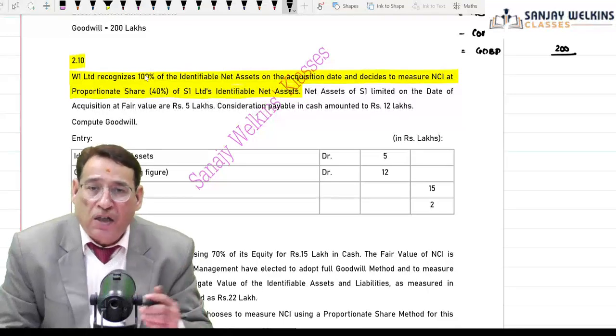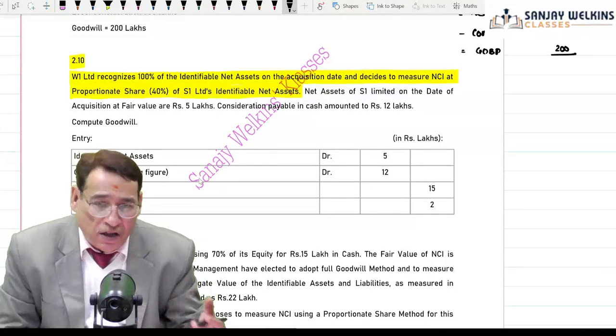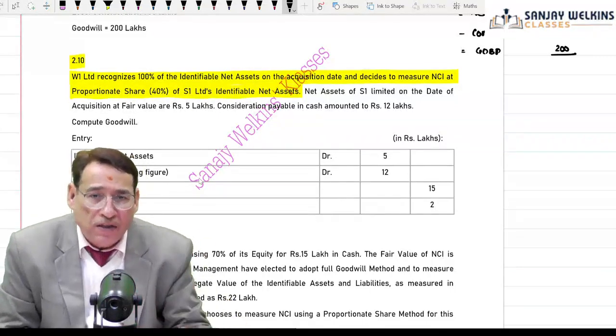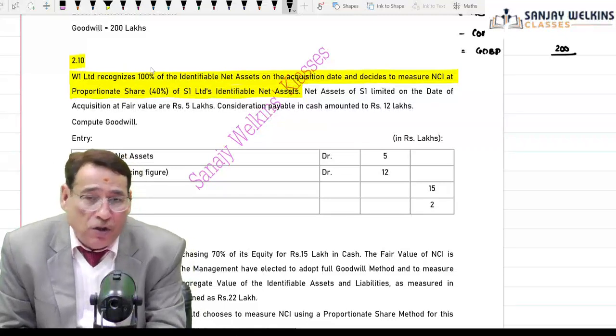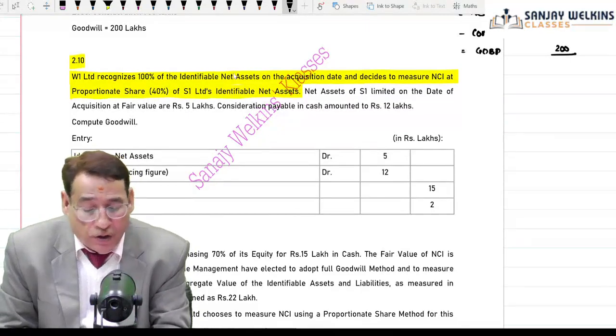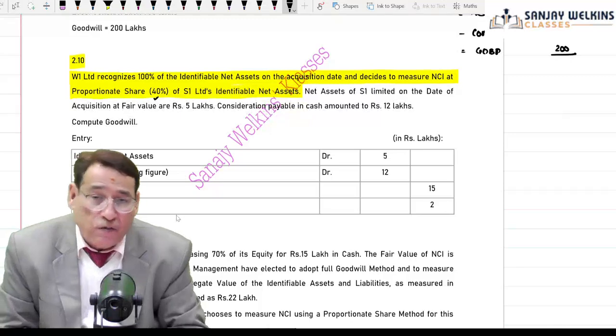We always recognize 100%. Whenever we take 70% control, 80% control, or whenever we have majority stakes, we always take all the assets and liabilities. You should not confuse that you are acquiring 100% stakes. Indirectly, it means you are taking over all the net assets. And because it is given NCI stake is 40%, indirectly it means your stake is 60%.